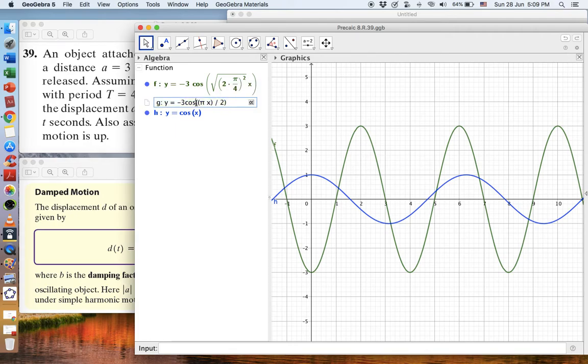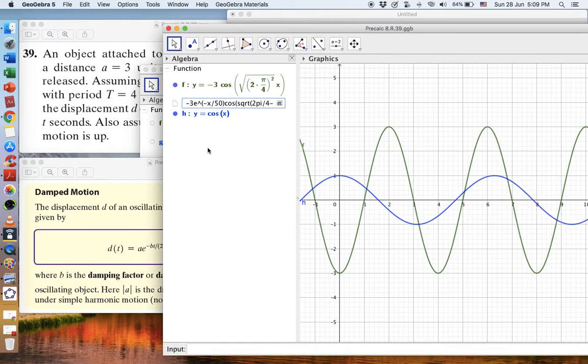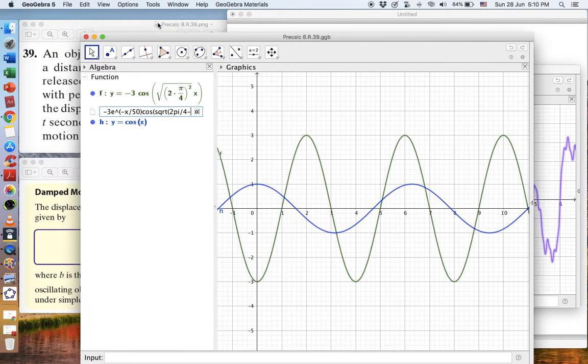Oh, I lost it. E to the negative, well, we don't have to say 1x over, we say the mass is 25, and so cosine square root 2 pi over 4 minus b squared over 4m squared.